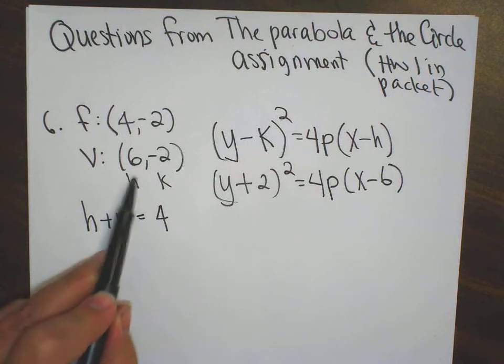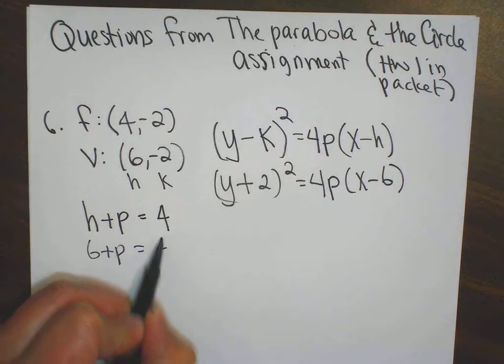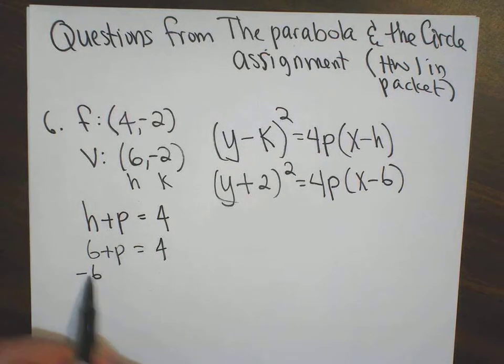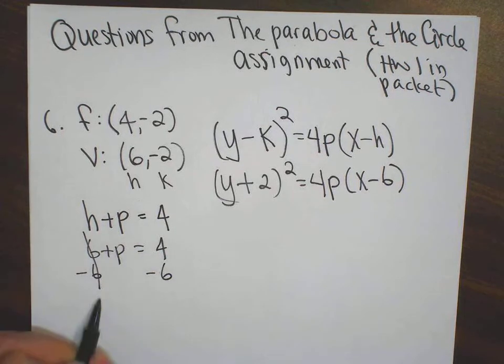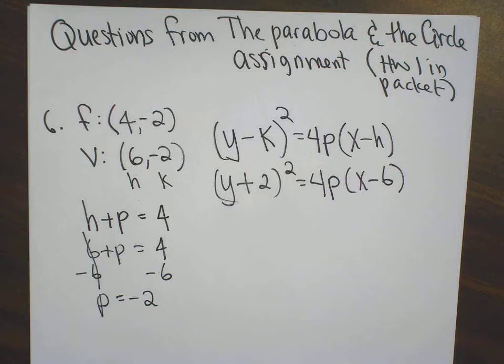H is 6. So 6 plus p equals 4. Subtract 6. So we find p is what? -2. And if I'm referring to that as a length, the length has to be positive, so the absolute value tells me from the vertex to the focus, it's a distance of 2 away. And from the vertex to the directrix, it's a length of 2 away.